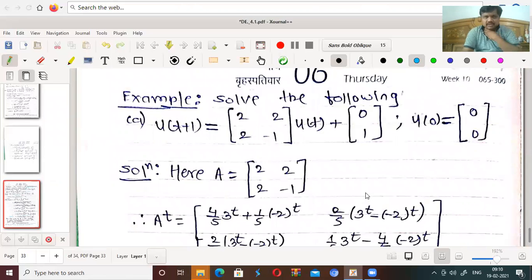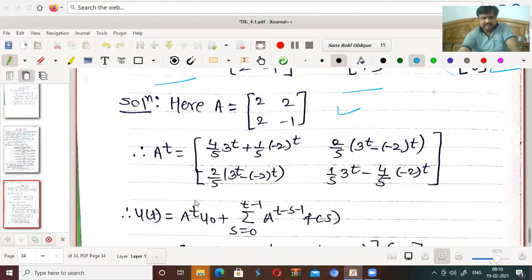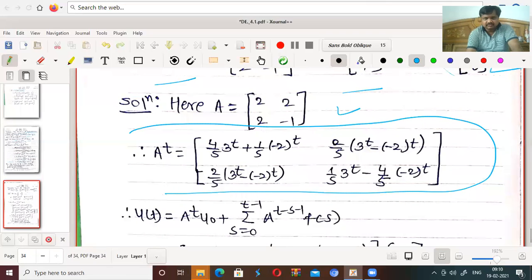We can solve examples of the non-homogeneous case also. That is, u(t plus 1) equals the matrix 2, 2, 2, minus 1 times u(t) plus a given vector, with u at 0 equal to the initial condition we have given. Here A is the matrix 2, 2, 2, minus 1. This A to the power t we obtain by using the Putzer algorithm: 4 by 5, 3 to the power t plus 1 by 5, minus 2 to the power t.